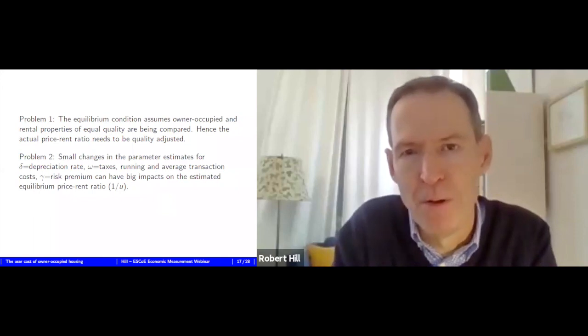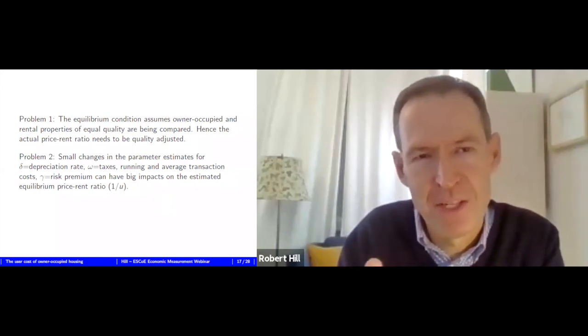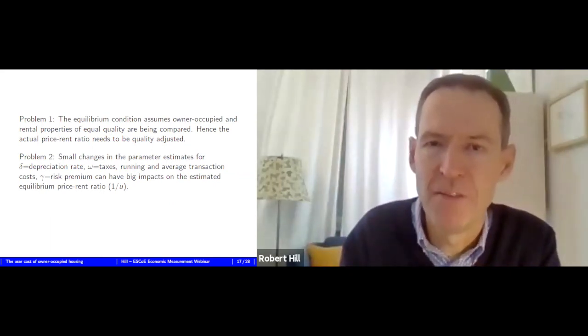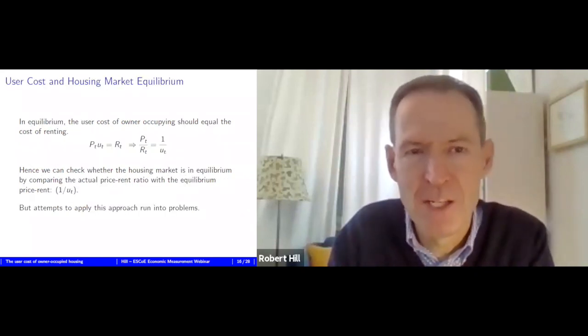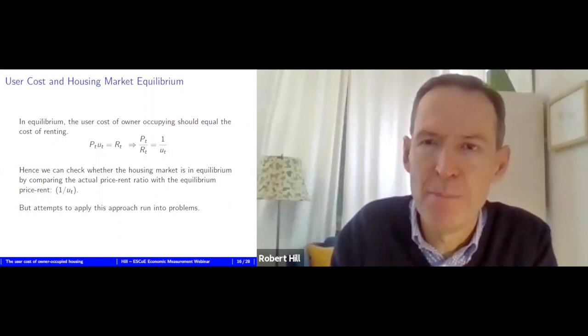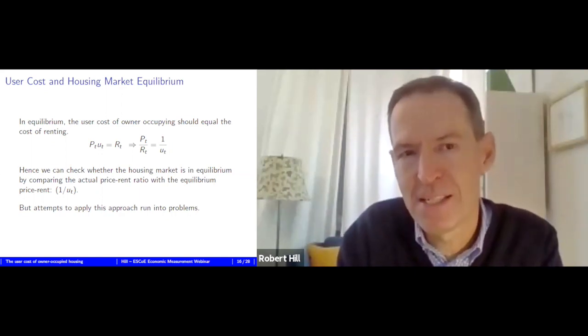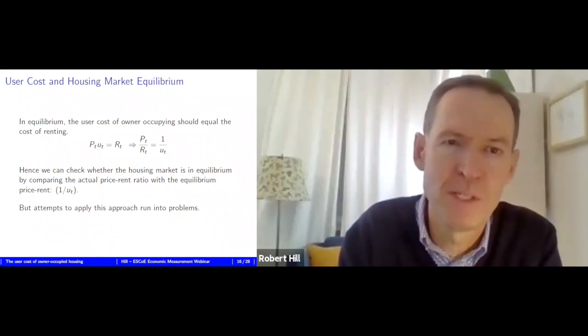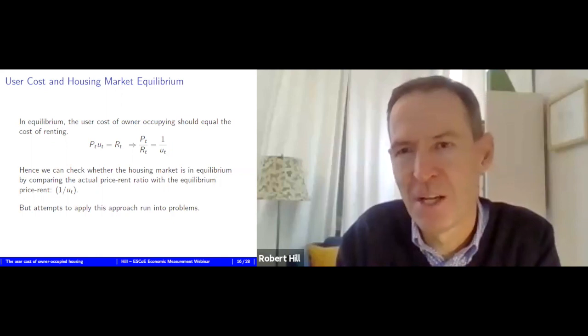Now, the first problem is this idea that owner-occupied properties tend to be of better quality than rented properties. If I go back to this formula, the equilibrium condition PT-UT equals RT, you're implicitly comparing an owner-occupied property to a rented property of equal quality. If there's a systematic tendency for the owner-occupied properties to be of better quality than the rented properties, then this formula isn't going to be right anymore.